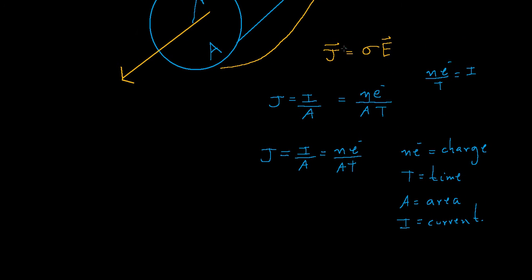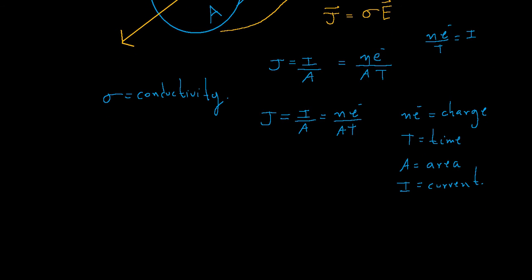So we know that J is equal to this, but J is also equal to sigma times E, the electric field. Sigma is called conductivity, and the conductivity is a constant that varies depending on the conductor. For example, a copper conductor is going to have a certain conductivity.